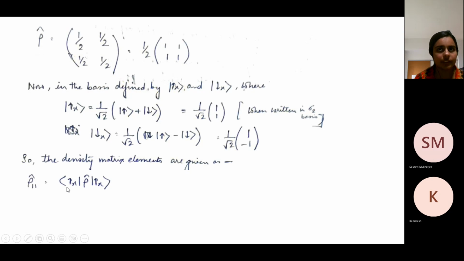In whatever basis you want to find your density matrix representation, you have to do the inner product with respect to the basis vectors of that basis. What you have with you is the rho which was given with respect to the old basis vectors, so you write these new basis vectors in terms of the old basis vectors, and then you do this inner product.